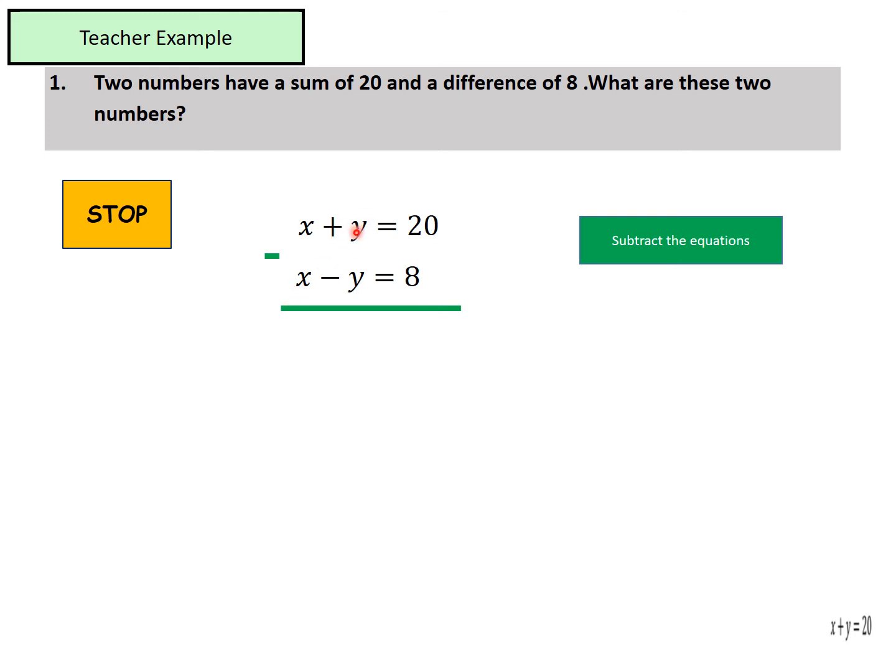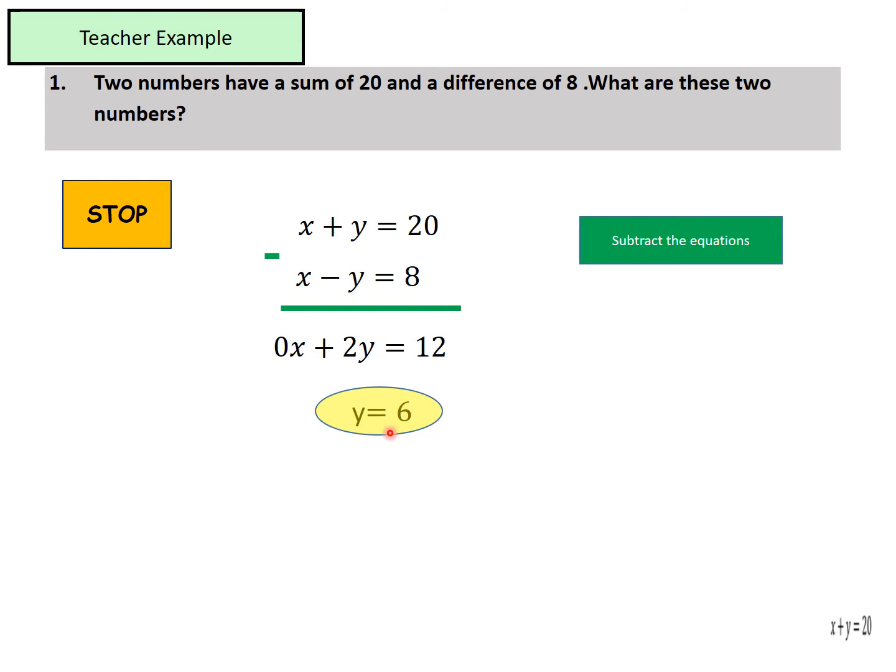Then y minus minus y, the minus makes a plus, so it's y plus y, which is 2y, equal to 20 minus 8, which is 12. Now we solve this equation. Divide both sides by 2 and you get y equals 6.